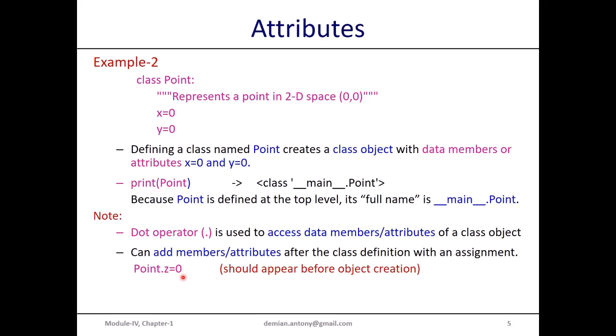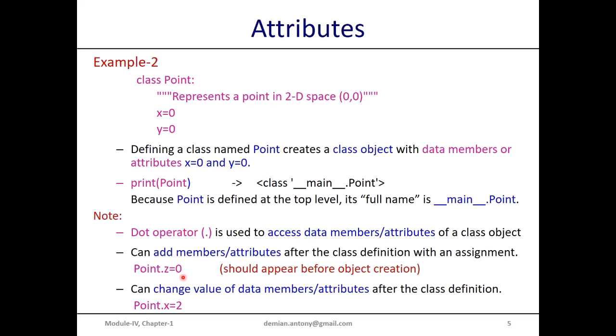Remember, this adding of members should happen before any instance creation. Once you create an instance or an object of a class, later on you are not allowed to add attributes to a class. So adding of attributes should happen before the instance creation.